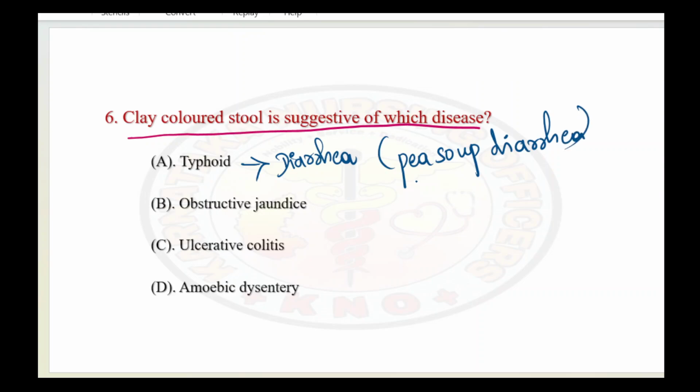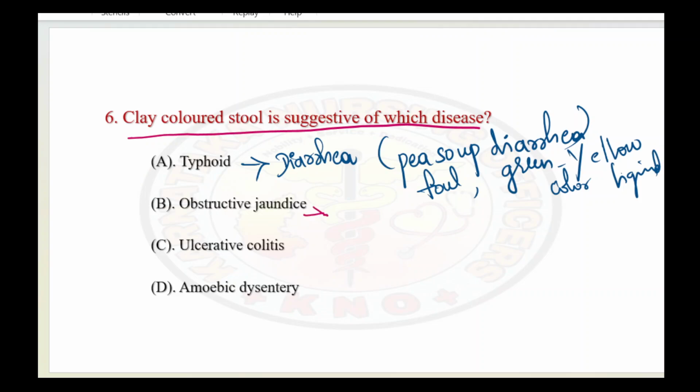In typhoid, it will be foul smelling and green to yellow colored liquid. So that happens in typhoid. Stool consistency, in all these conditions we will see.